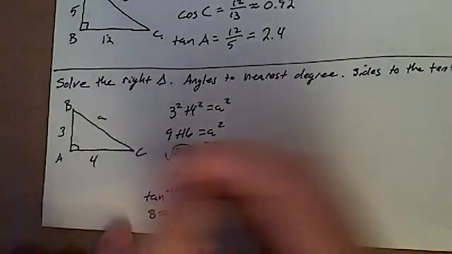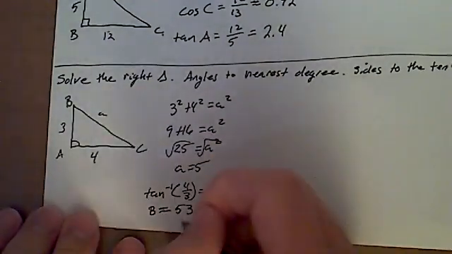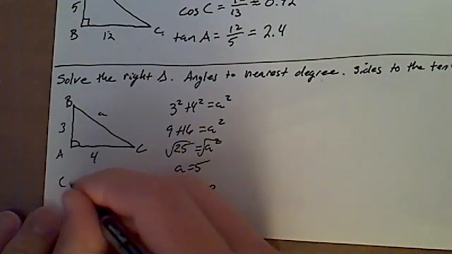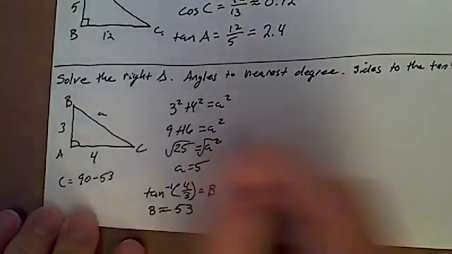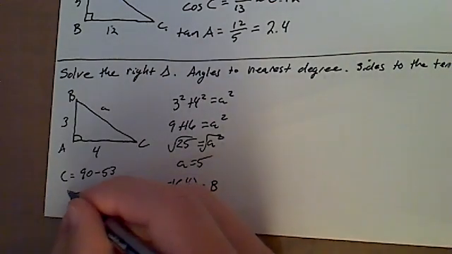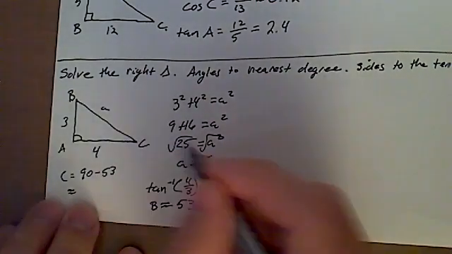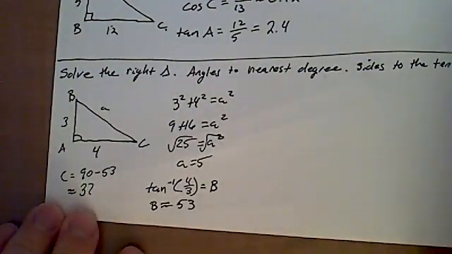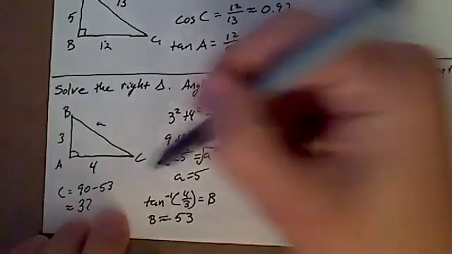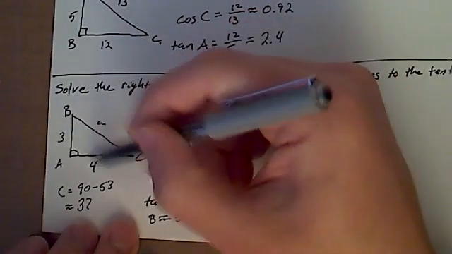Now to find C, you can just subtract from 90. C is about 90 minus 53, which is about 37. You could also use another tangent inverse of 3 over 4.